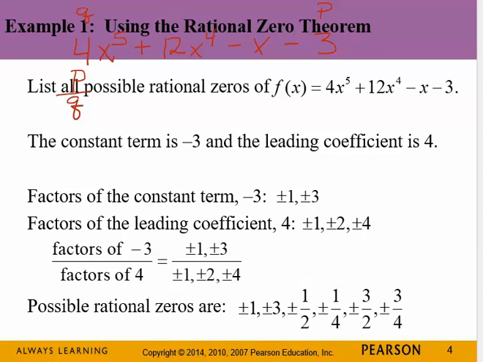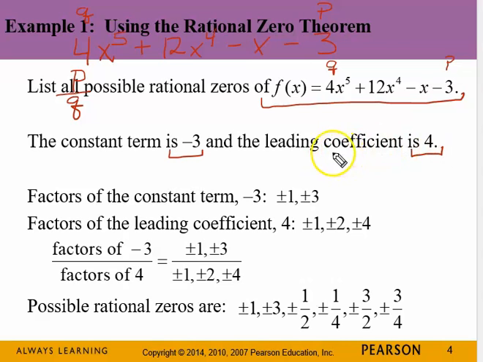So in this particular function that we're looking at here, what is our P and what is our Q? Well, P is the constant here, and Q is the numerical coefficient of the term with the highest degree, which is x to the fourth. So this is our Q term. So we have the constant -3 and the coefficient 4.